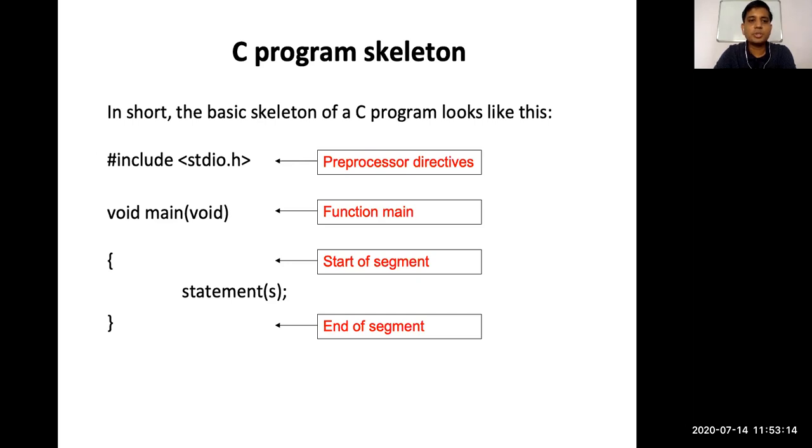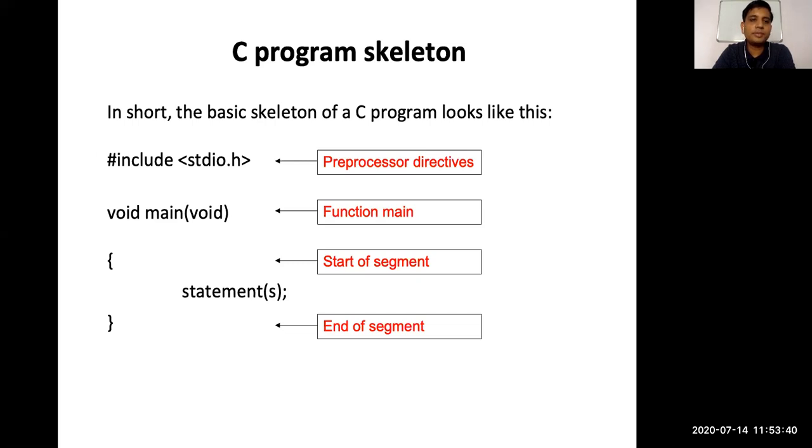Turbo C supports void main, but if you want to write a program in a Linux or Mac operating system, I prefer to use int main. Why int main? Because if you write int in front of main, it means you are returning something to the operating system.